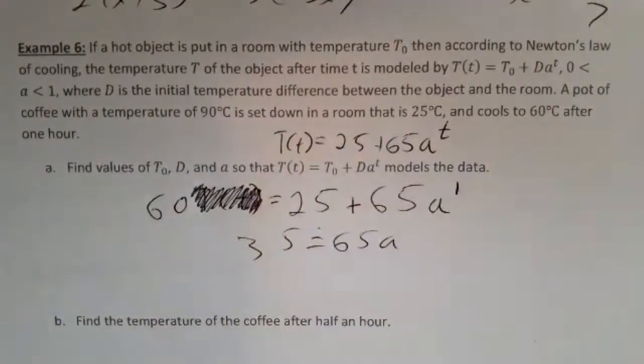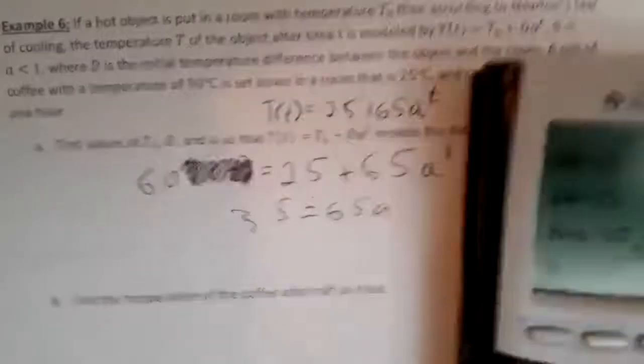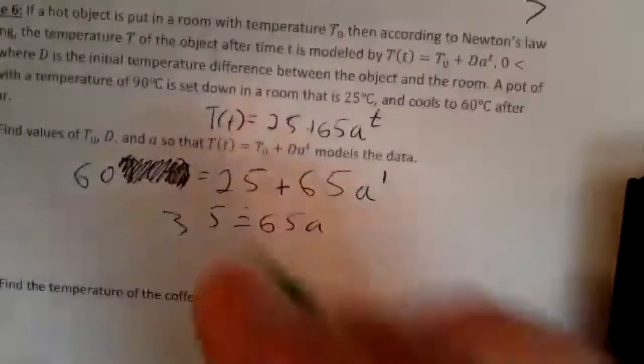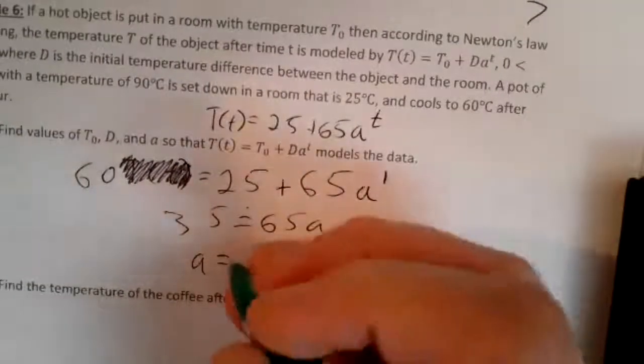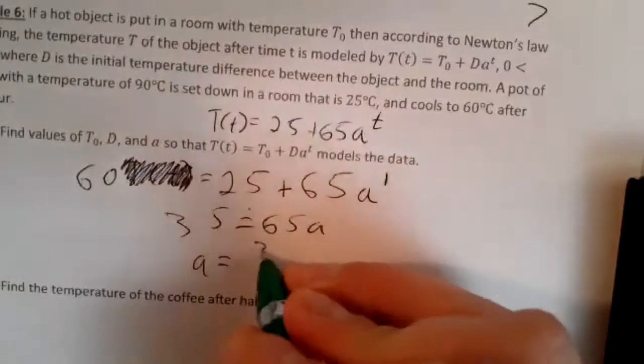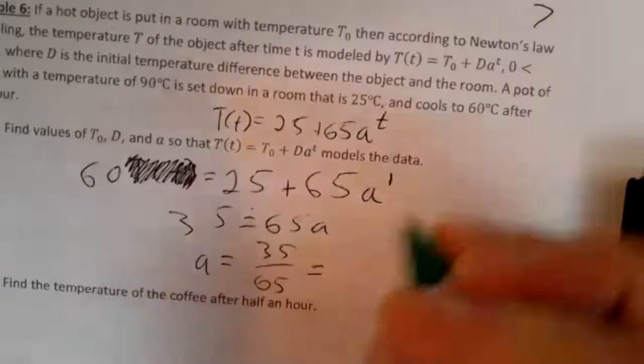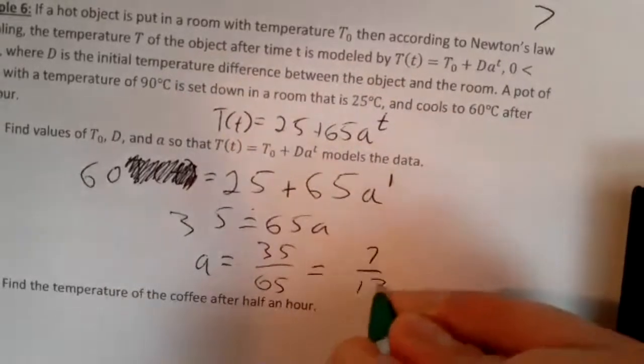So divide by 65. I'm getting A is like 0.53. Let me see how I put it in my notes, to save myself a little headache. I believe I kept it just as a fraction. So A is equal to 35 over 65. If we divide both of those by 5, I believe we get 7 over 13.